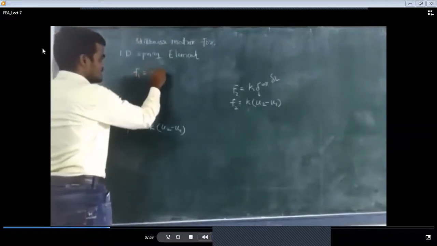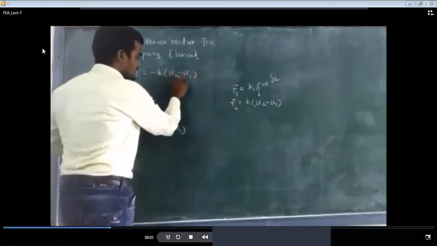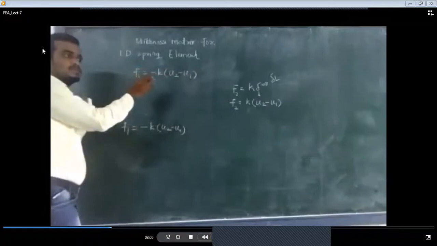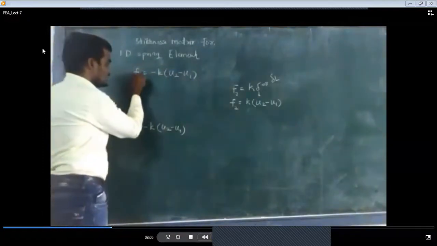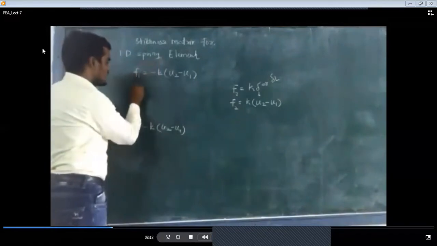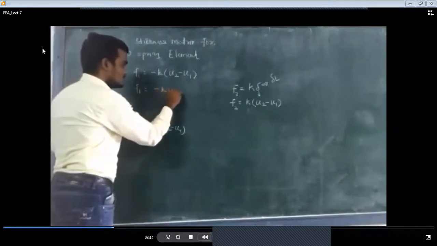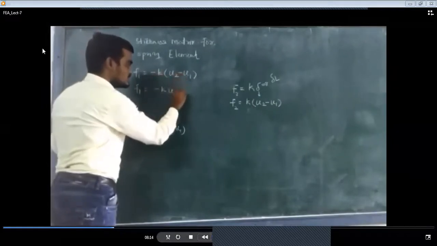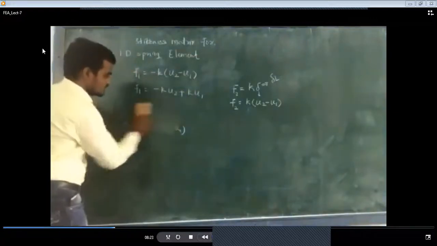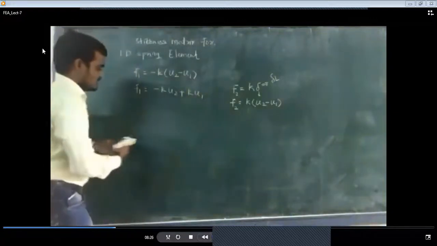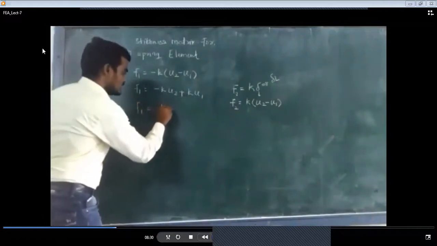Now here I am simplifying your first equation, F1. F1 is equal to k times (u2 minus u1). So F1 will become minus k times u2 plus k times u1. So you can write this equation as F1 is equal to k times u1 minus k times u2.